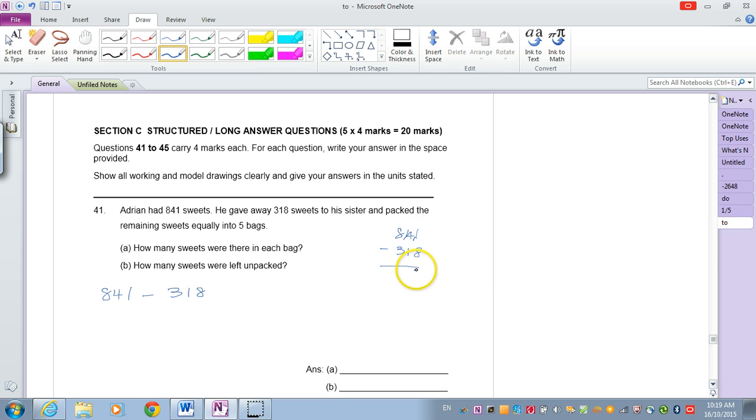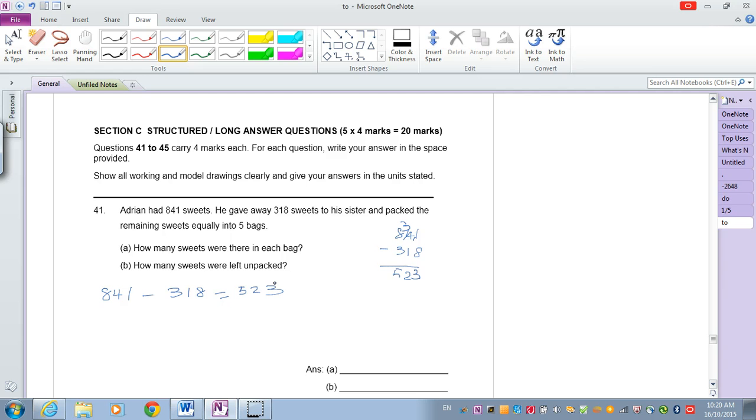If you do your subtraction, you will find out that you have 523. So after giving to the sister, he would have 523 sweets left behind. The remaining sweets is 523 sweets.